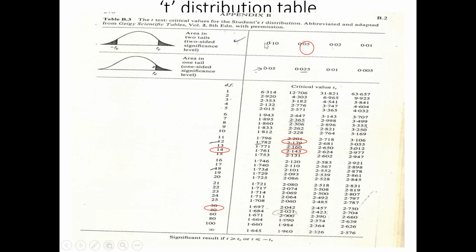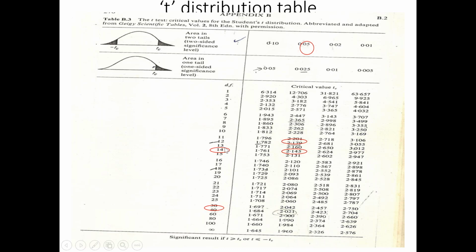Now, if you look at this T distribution table, this 0.05 is the 5% level, that is p value 0.05. The various levels of T at different degrees of freedom are on the left hand side, where DF is degree of freedom.